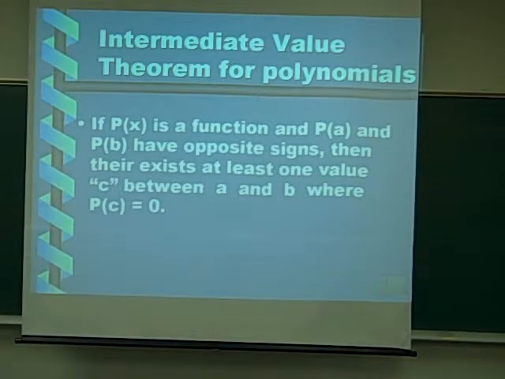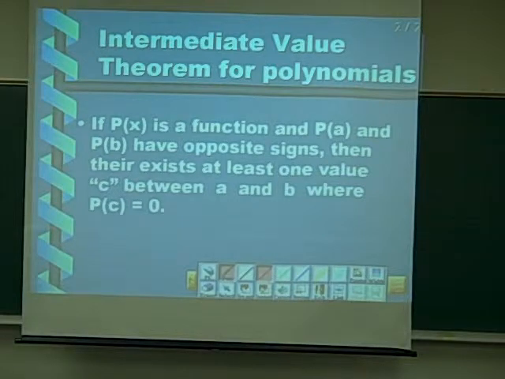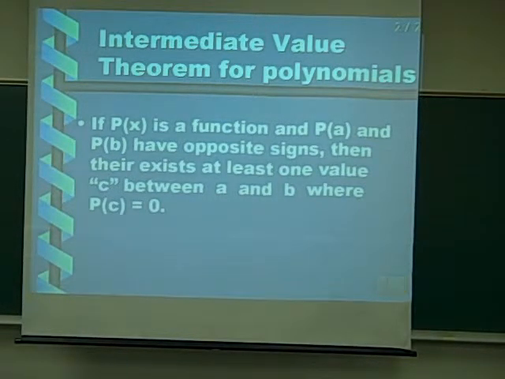And the reason why they have this, let's see what this looks like. Okay, here we have a graph. And in this graph, here's, let's say, value A. So if we put value A into P of A, we get a negative number out.